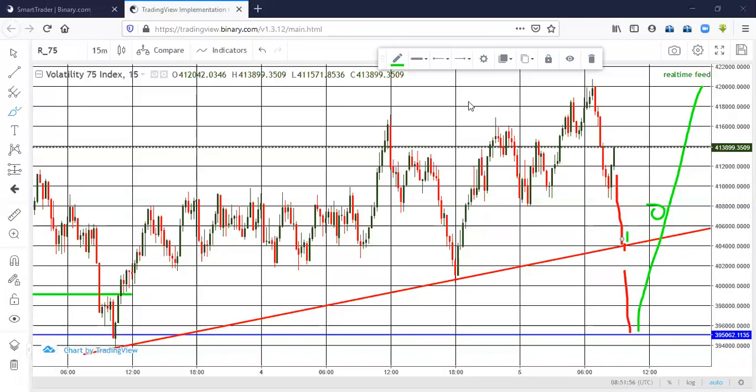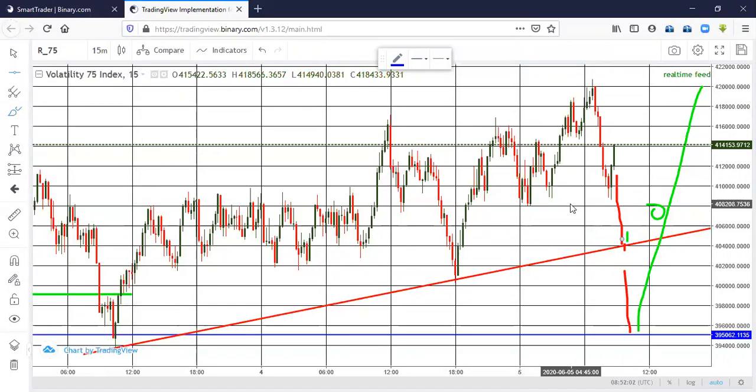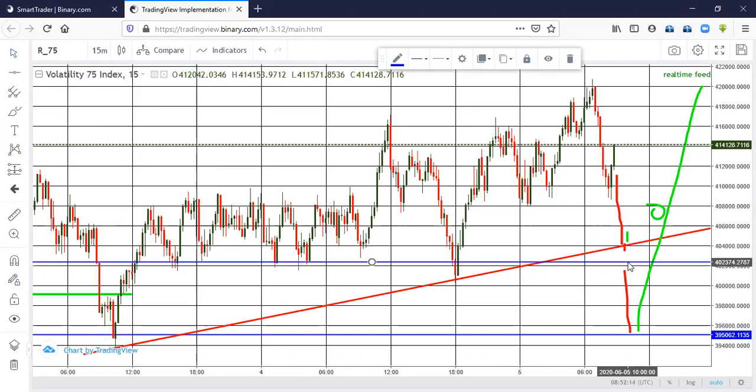So this is why you have to set your stop loss. If this region here is what we're expecting to make your call, you can mark maybe this point here to be your stop loss point.